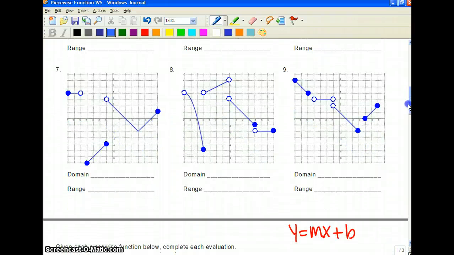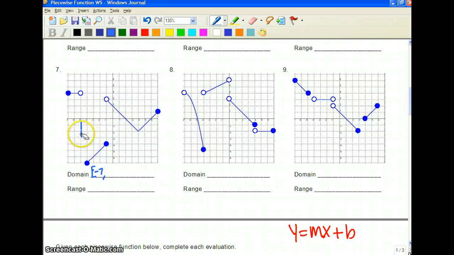Okay, so these piecewise functions down here are a little bit more complicated. So we're going to look at number 7. The domain. So this is when we're going up and down. The first one that we hit is negative 7. Okay, negative 6, negative 5. Are we using negative 5?